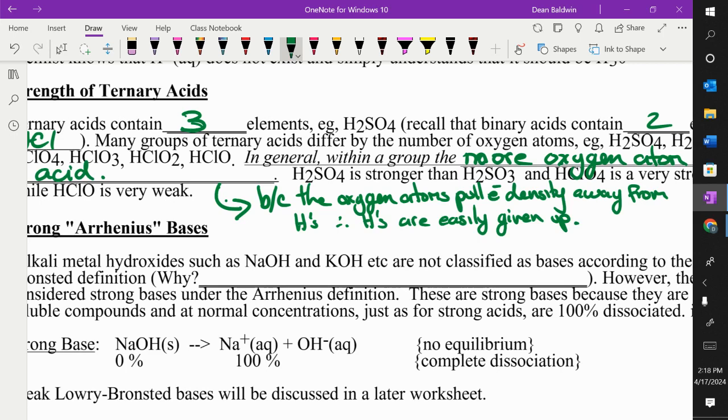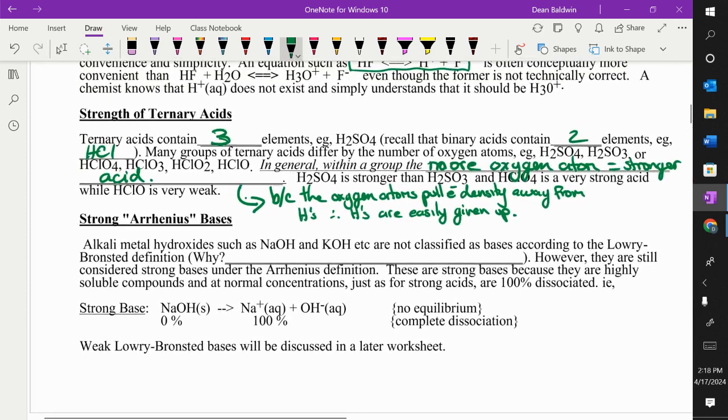You can see this on the table. I'll show you in a second. Because the oxygen atoms pull electron density away from the hydrogens, they're left with a positive charge, and anything that has a negative charge floating along will just pick it off. Wait till you copy that down, and then I want to look at the strength table.